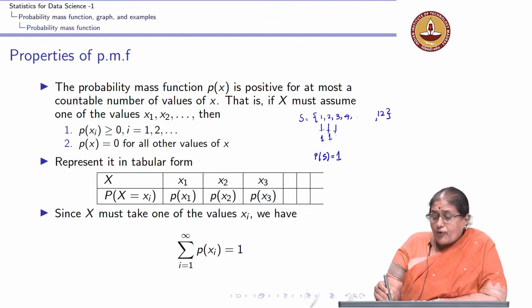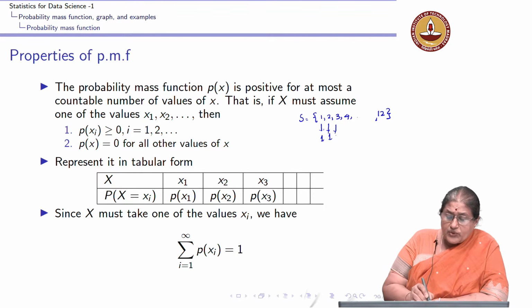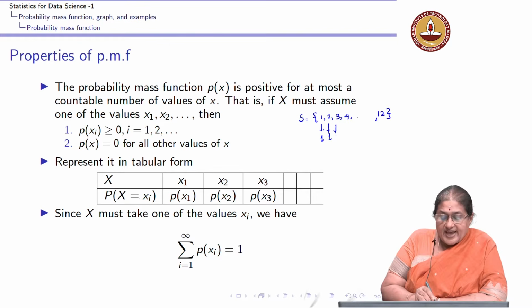Since every point is mapped onto a value of the random variable, it makes sense for us to say that the summation over all possible values X can take, the summation of the probabilities, should add up to 1.